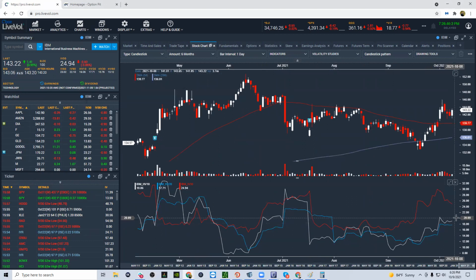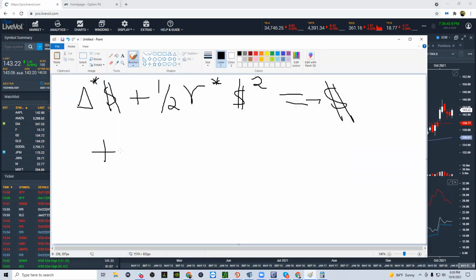If it's going to fall, let's say, 4 points, then the final piece would be plus change in vol times the Vega, which in our terms we use the letter kappa for. So it'd be change in vol times kappa, and that would be the last piece that you have to eyeball. That takes a lot more experience, but you should be able to figure out whether vol is going to be up or down and add or subtract a little to your pricing.